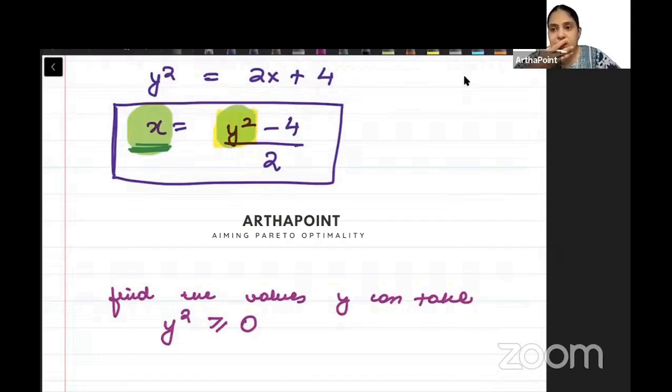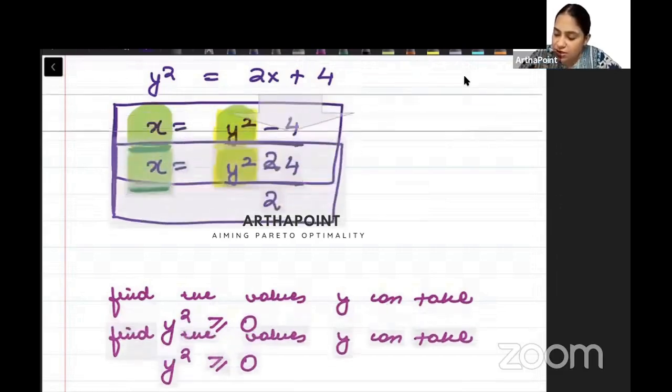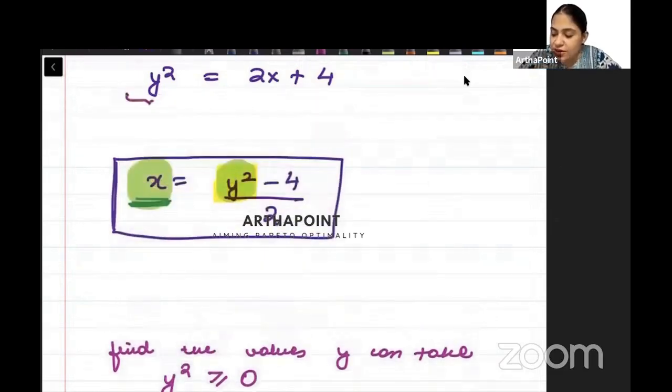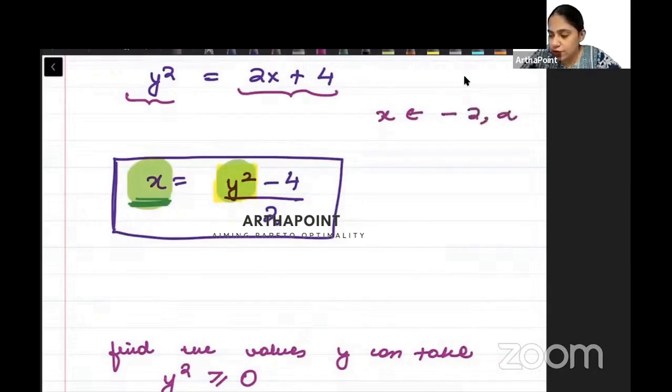Now try to understand this, then I will explain a bit more. y square is equal to 2x plus 4, and x belongs from -2 to infinity.